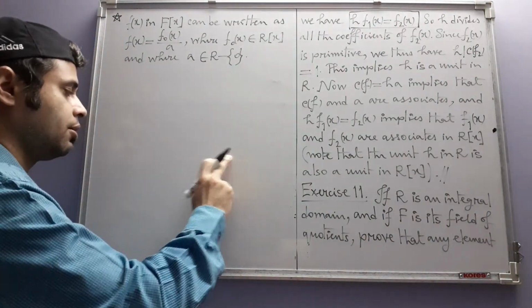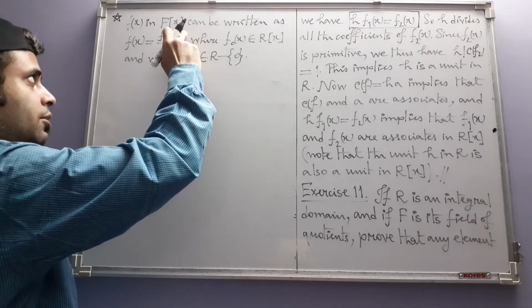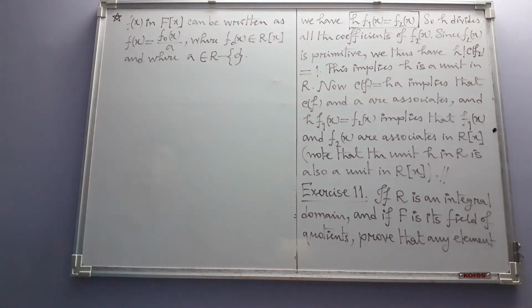So a polynomial over the rational numbers can be written as a polynomial over the integers divided by another integer.